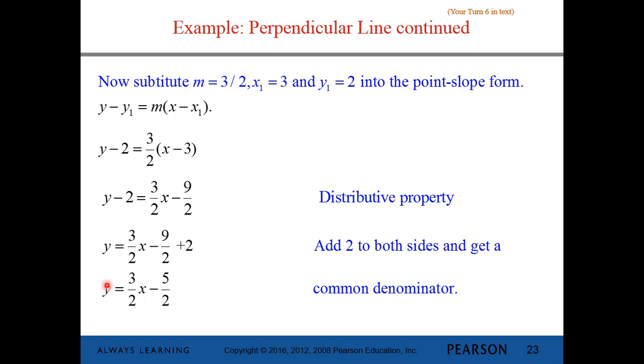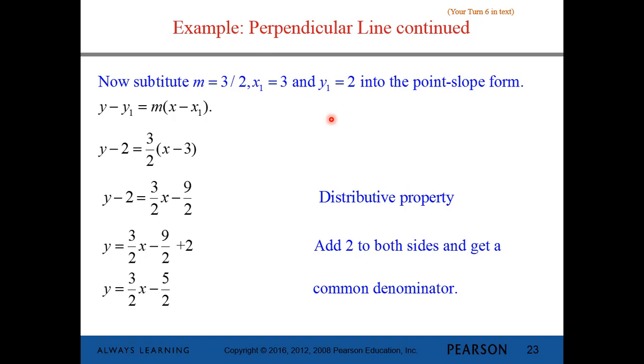And so you get y equals 3/2 x minus 5/2 as the equation of the line that is both perpendicular to the given line that we started with, and also goes through the point (3, 2), because if you put in 3 here, you get 9/2, and 9/2 minus 5/2 is 4/2, which gives you 2. That's the other point too, so it works out.